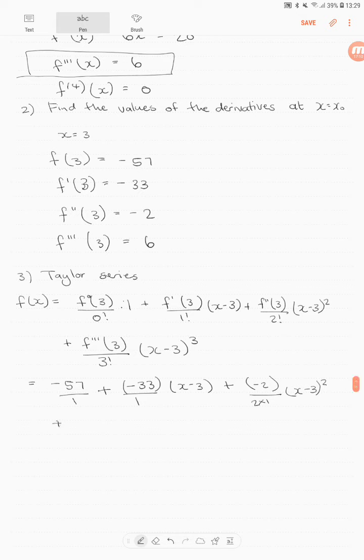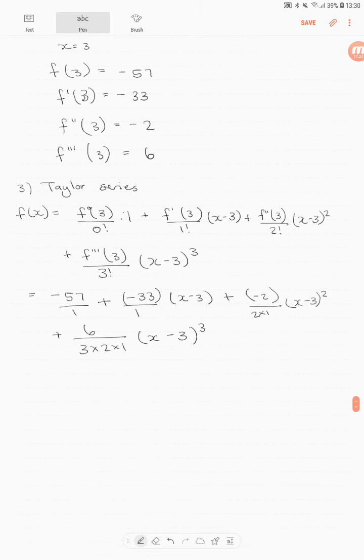Plus the third order derivative at 3 is 6, 3 factorial is 3 times 2 times 1, times (x minus 3) cubed. And then we can just write it slightly neater. And that is our Taylor series.